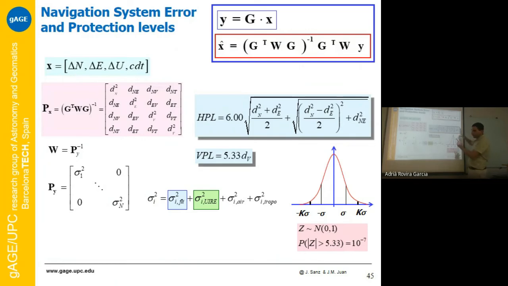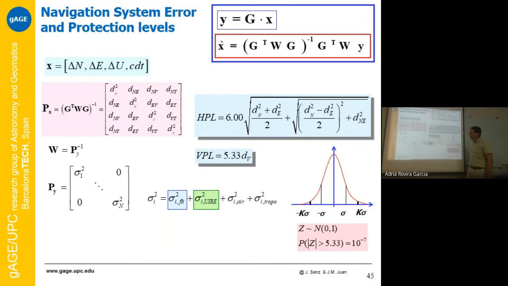Here we will have everything in one slide, and then we multiply, assuming a given probability, for example, 10 to the minus 7. We assume that the errors are zero mean, as they follow a Gaussian distribution. We assume that we can have a false alarm rate of 10 to the minus 7, then we have this coefficient, this comes from statistics, and this computes the protection level.